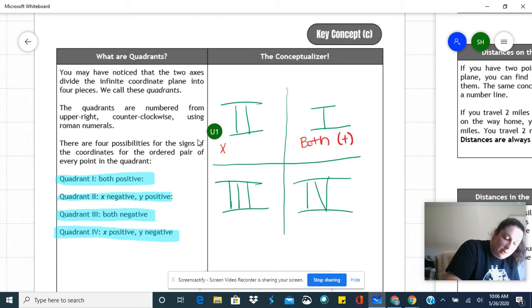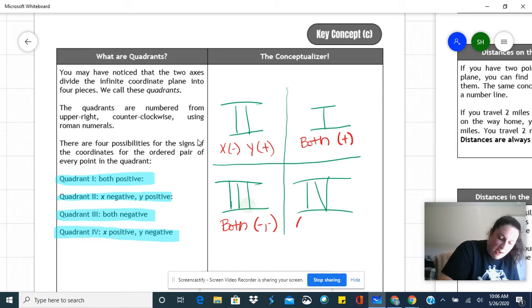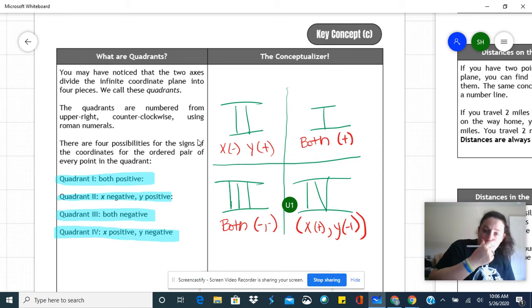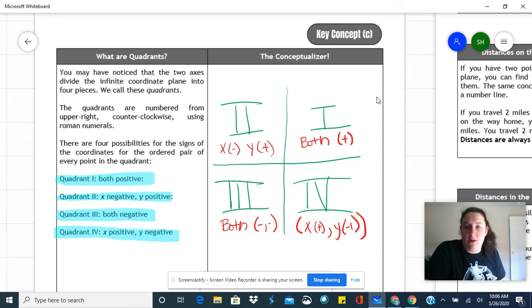X negative, Y positive. Both negative. And then here you have X is positive, Y is negative. Okay, so those are the things that are important for you to remember.